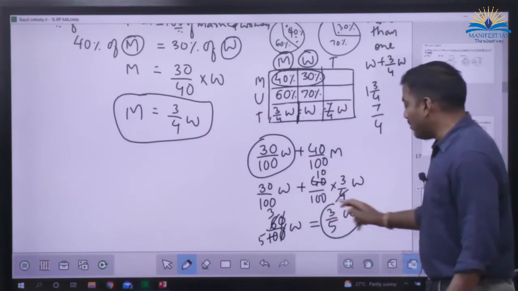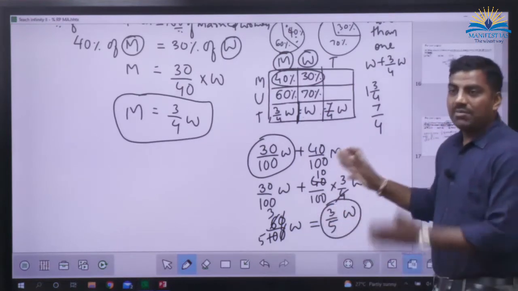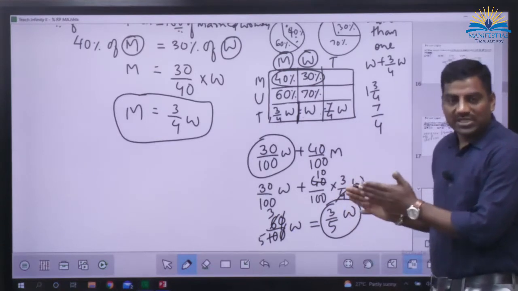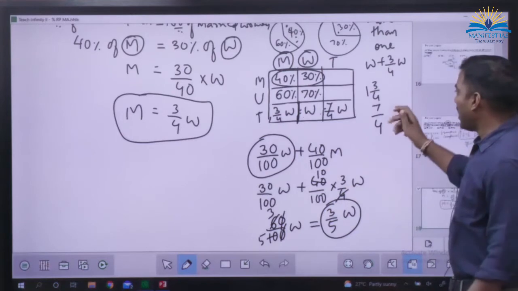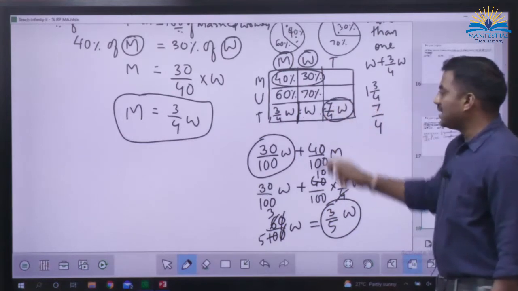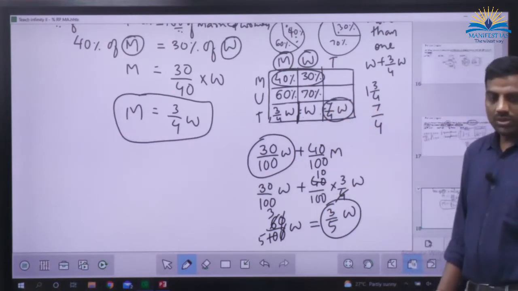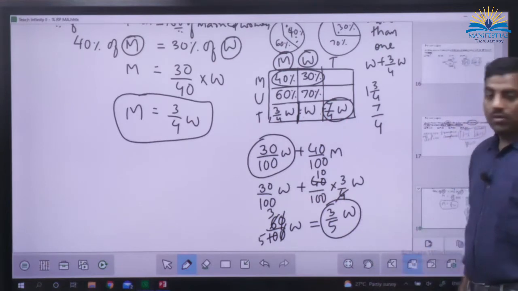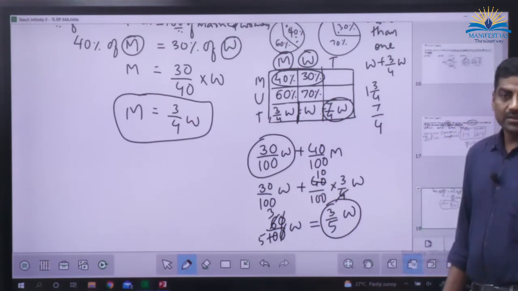This is the total married population. Why am I expressing everything in terms of W? So that our calculation becomes easier. Already we have got the total population as 7 by 4W. Now, what is the married population? 3 by 5W.